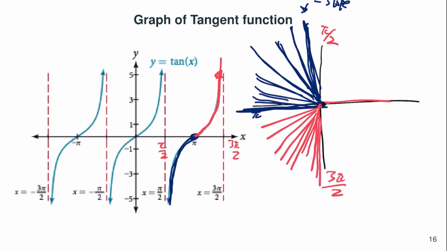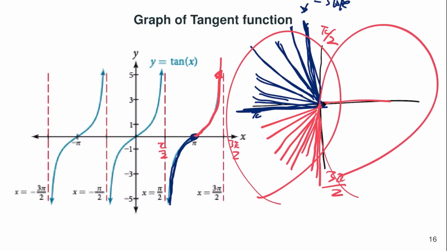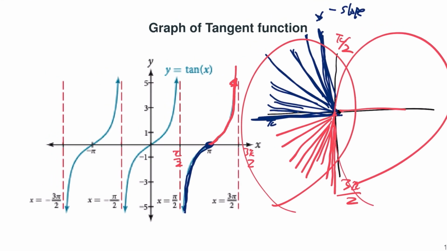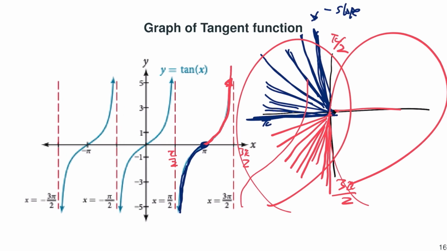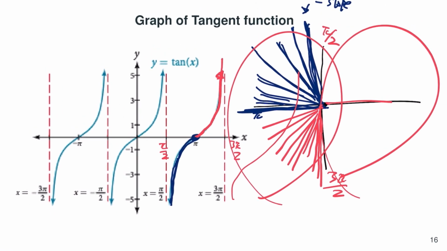That's why we have an arrow going to positive infinity. And the same kind of thing repeats on this side also. That's why we get the same shape graph here as well. Okay? So that's where we get the tangent graph.